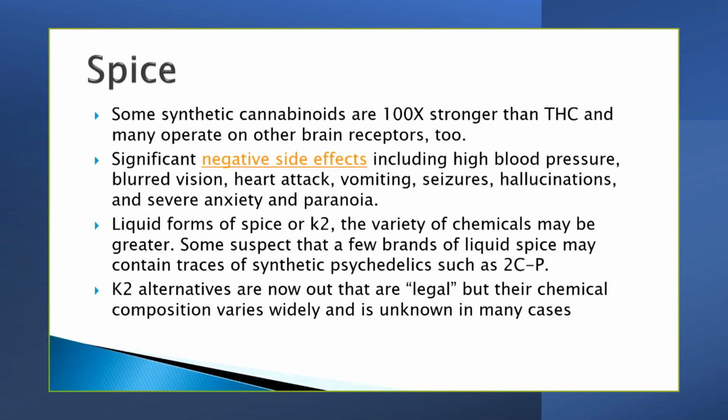So instead of spraying it onto plant material, let's just give you the liquid. The variety of chemicals may be greater. Some suspect that a few brands of liquid spice may contain traces of synthetic psychedelics. So it just ups the ante a little bit on what the experience may be like and how bad of a trip somebody could have. But there's no way to know. It's not like you can read the label and go, oh, this has 2-CP in it and I'm not going near it.